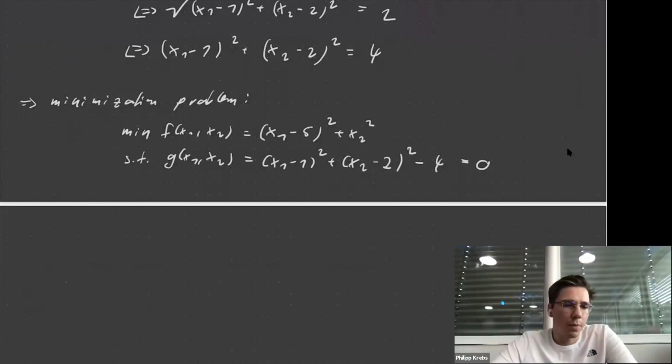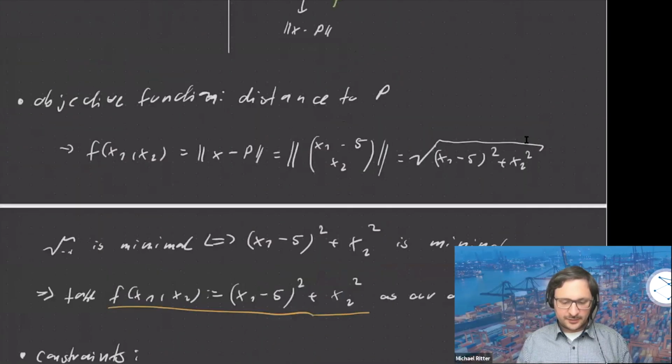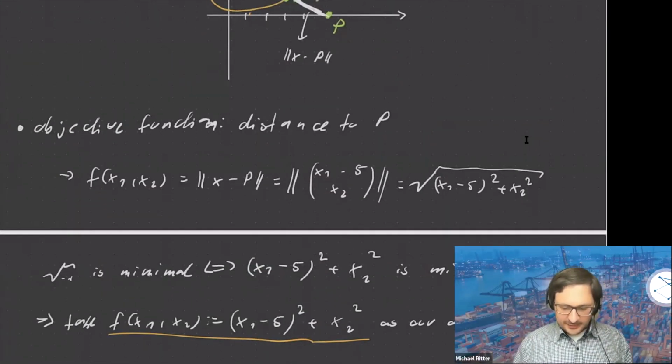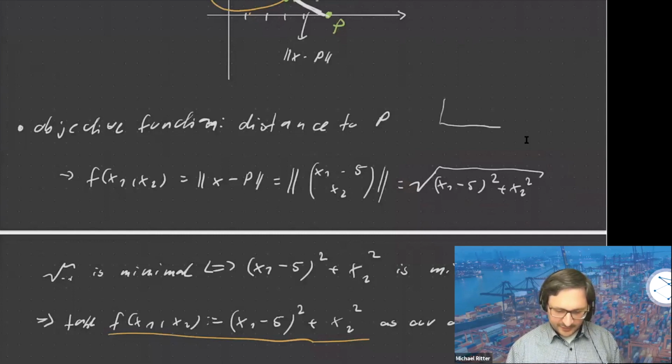Yes. Could you explain again how you could simply take out the square root from the objective function? Yes, from the objective function that was here. So this is the actual objective function. The square root is a function that looks roughly like this.